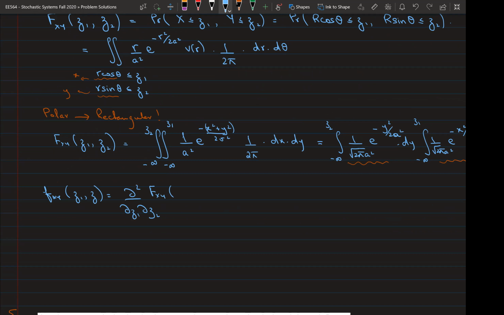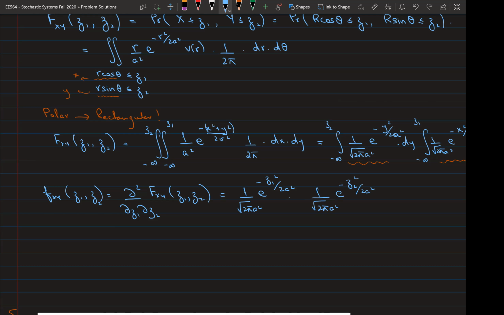The CDF, right? And this would have turned out to be equal to 1 upon root 2 pi a squared e raised to the power minus Z1 squared by 2a squared multiplied by 1 upon root 2 pi a squared e raised to the power minus Z2 squared by 2a squared.